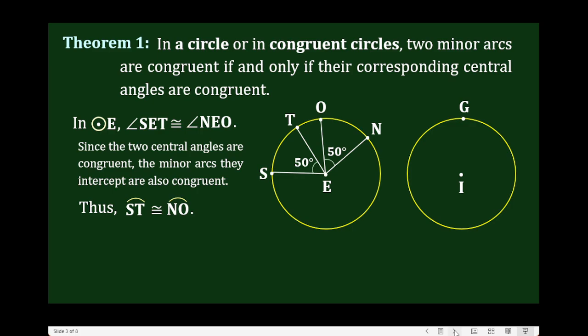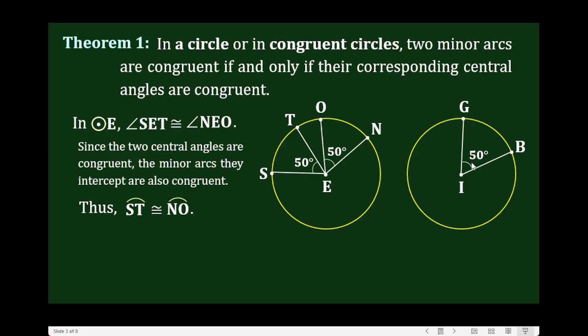Now, suppose we consider the second circle and we choose a point, say point G, together with chosen point B. So in circle I, we form a central angle whose name is central angle BIG, if we draw two radii from point I going to point G, and from I going to point B. Let's just say that the measure of this central angle is 50 degrees.